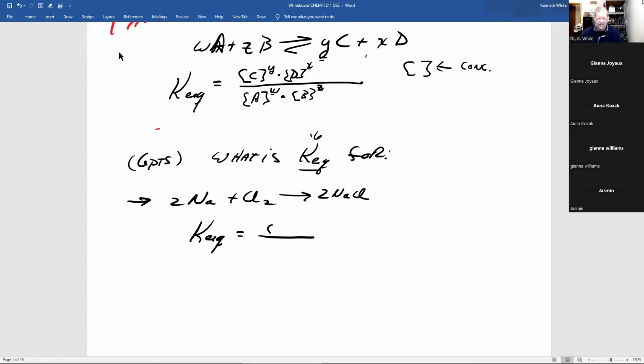In this case, it's sodium chloride to the power of the coefficient. And then on the bottom, you have the concentration of each reactant to the power of the coefficient. The number in front of sodium is 2, and I'm going to rewrite this. And chlorine, when there's no number, that's the number 1.